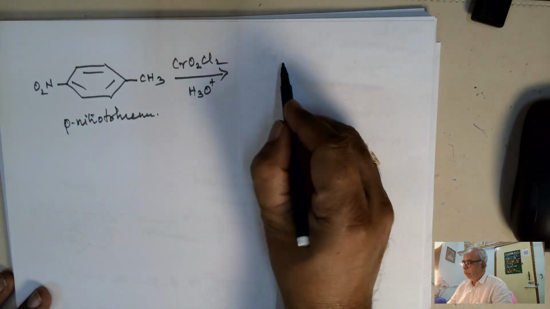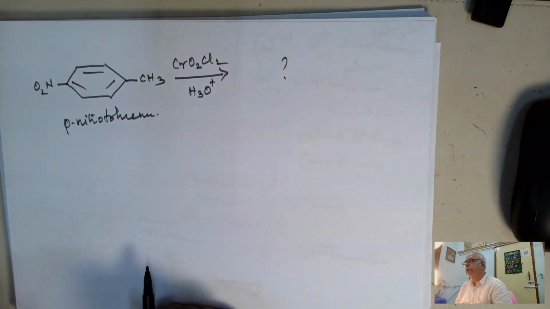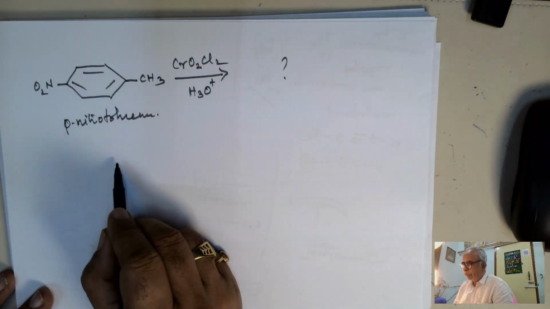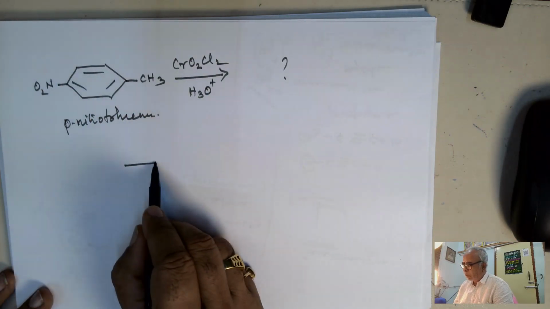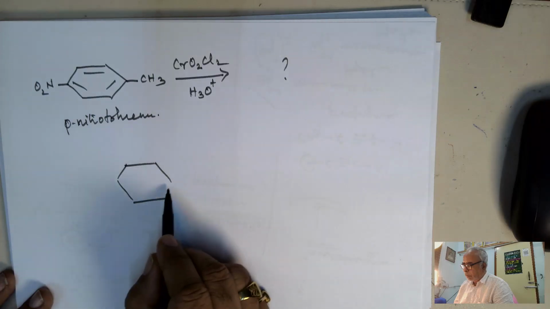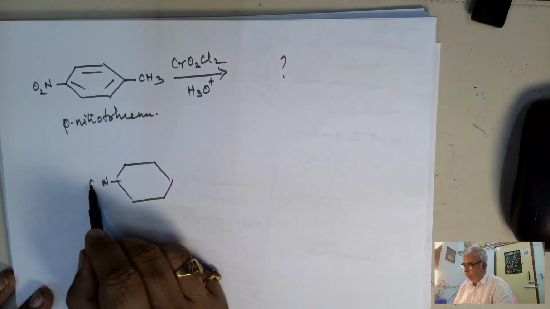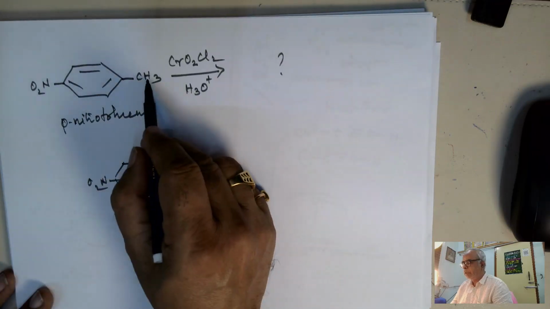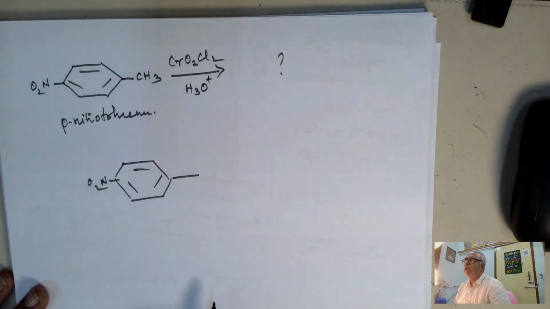Now what are the products? Now we have to establish. We are able to get the same nitro group. The benzene structure is not disturbed, only the CH3 is affected here.